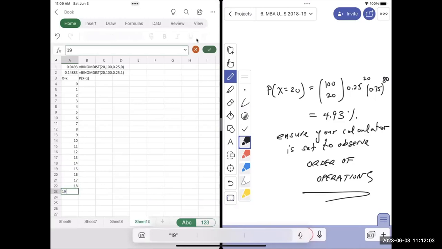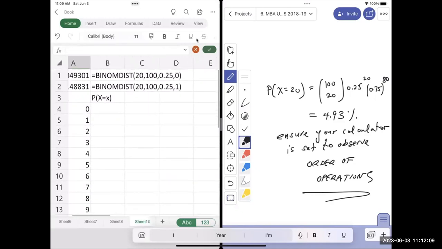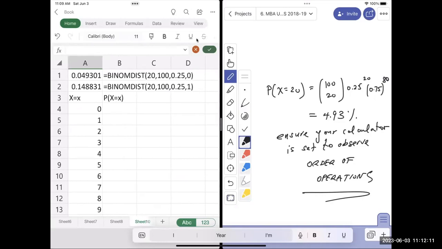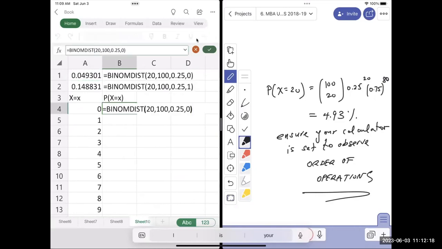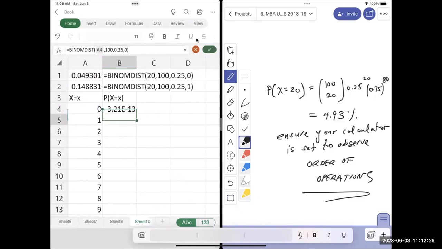Because most tables, if you find a table online, are going to do cumulative and you've got to know the difference. So now I'm going to take this formula and put it here and change this into referencing here, and then copy it all the way down.